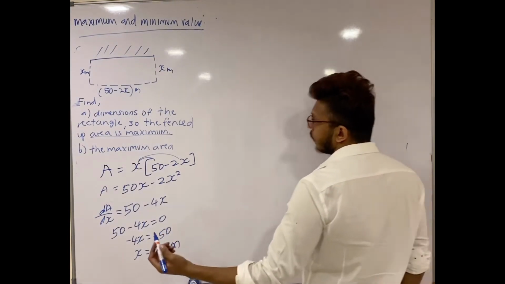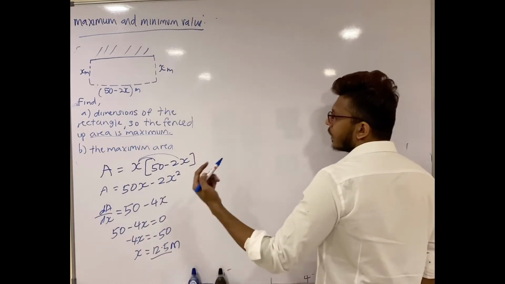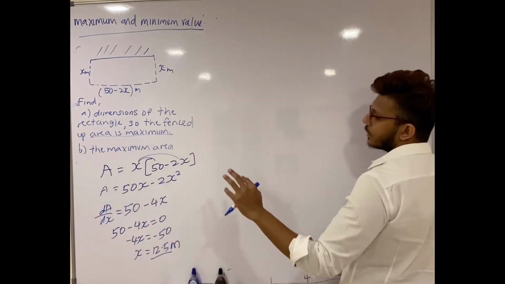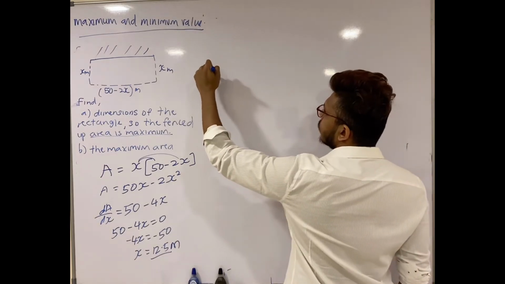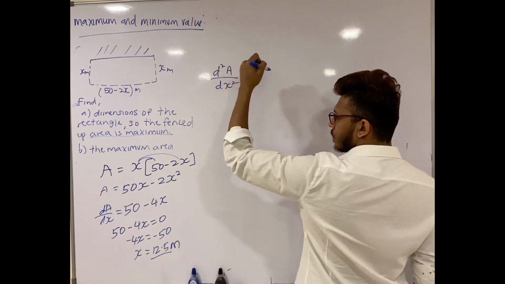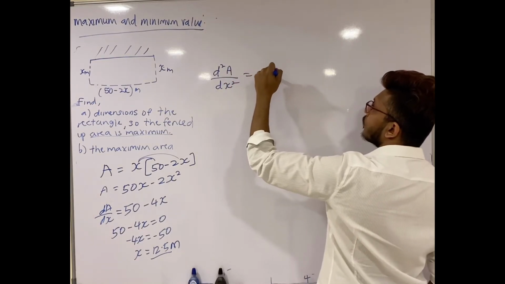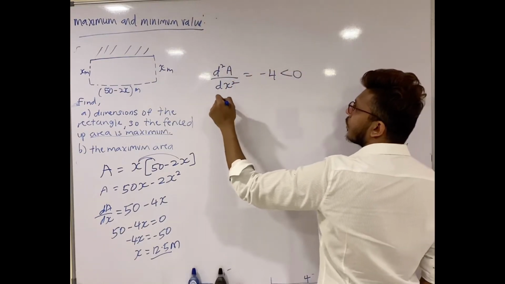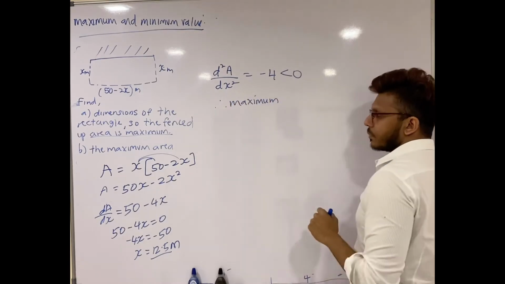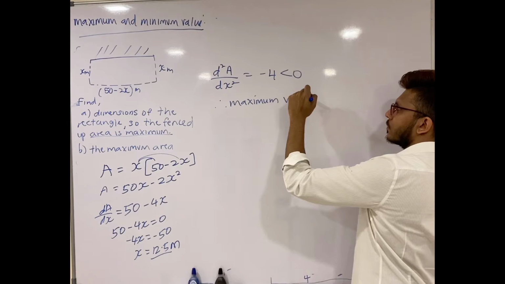So what did I do in the previous question? I'll have to differentiate again, get the second derivative and find if it's positive or negative. So it will be negative 4. Negative 4 is less than 0, therefore it is a maximum value.